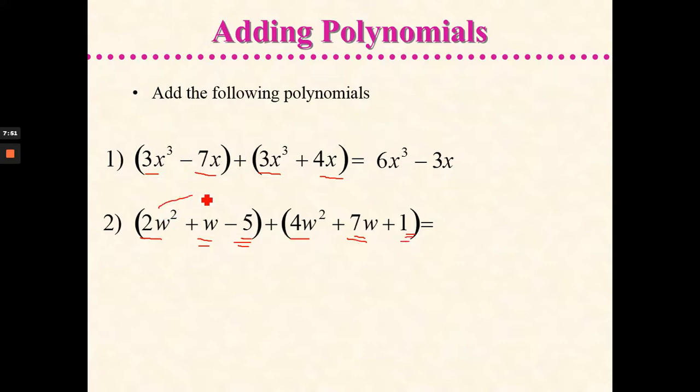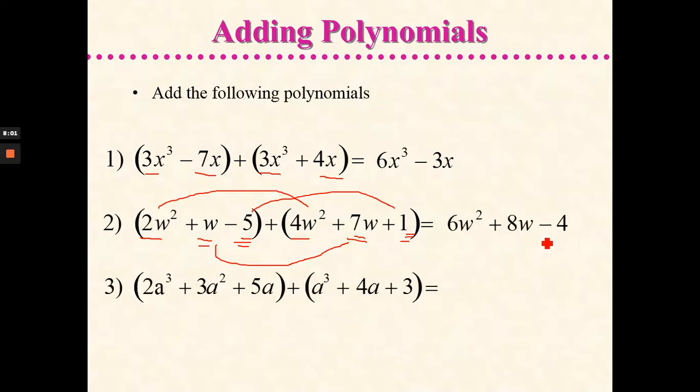So we can combine them. 2 plus 4 is 6w squared, then 1 plus 7 is 8w, and negative 5 plus 1 is negative 4. Okay, we have here the next one.